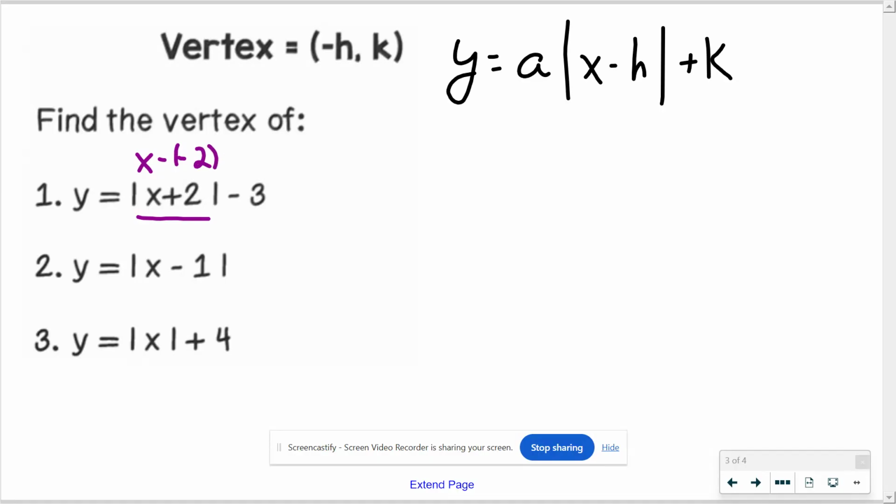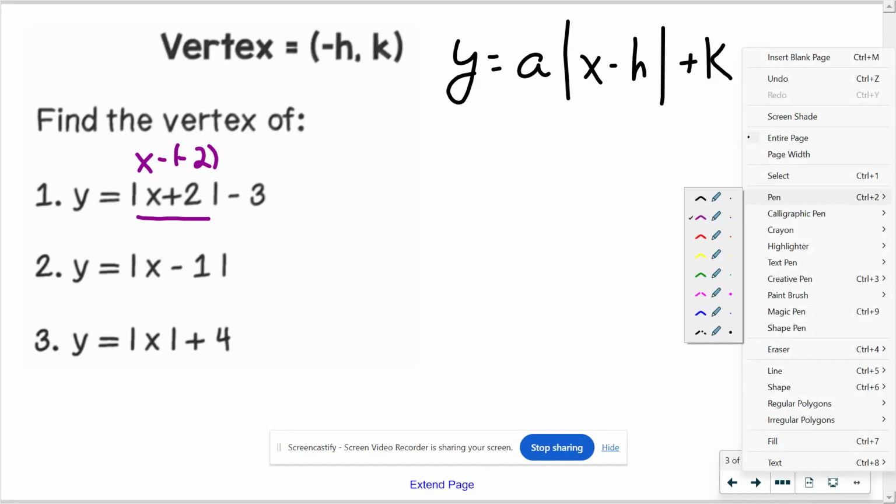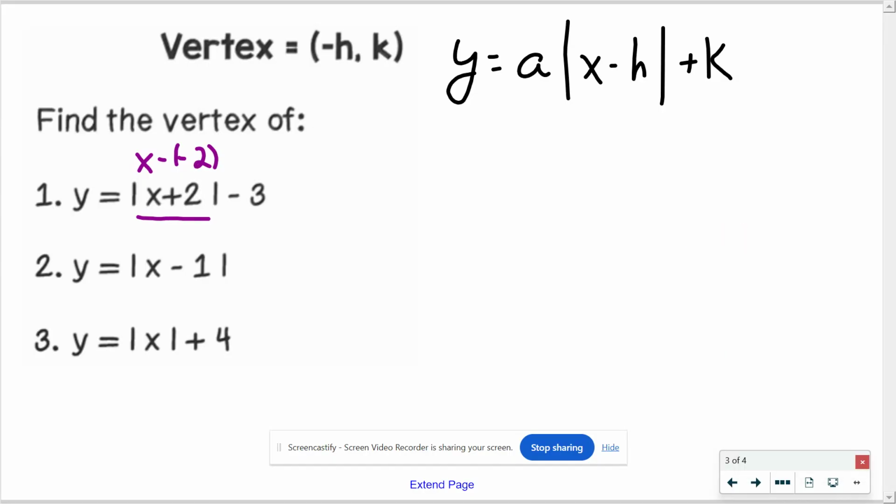So when we look at the vertex of it, we need the opposite of h, comma, k. Well, the opposite of h is currently negative 2, so that means our vertex would have an opposite h value of positive 2. And then our k value is whatever number is on the outside, so 2, comma, negative 3.